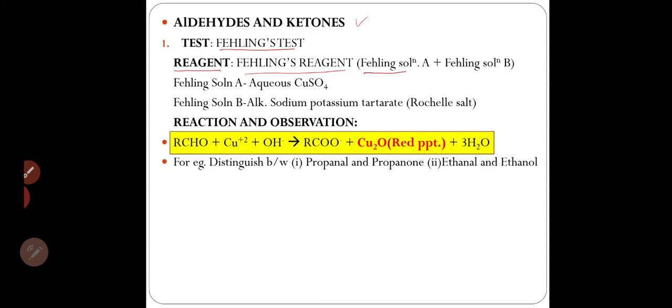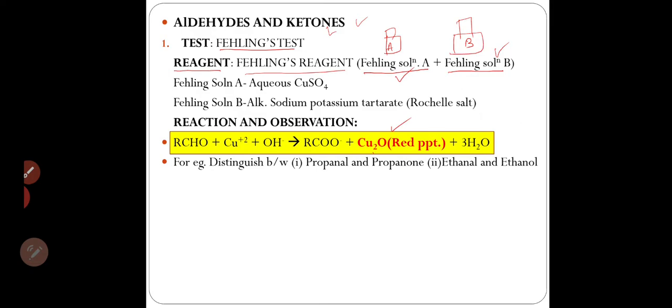It is a mixture of Fehling solution A and Fehling solution B. You will get two bottles, labeled Fehling solution A and Fehling solution B. Then you add it to your organic compound and heat it in a water bath for 15 minutes. If you get a red precipitate, then this is an aldehyde; if you do not get a red precipitate, then it is a ketone.